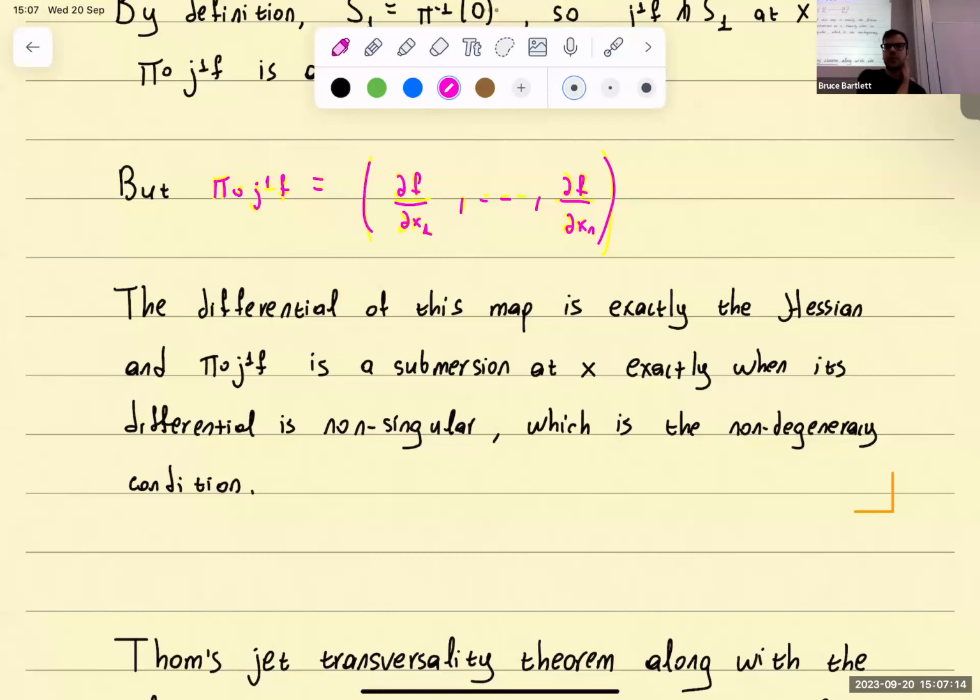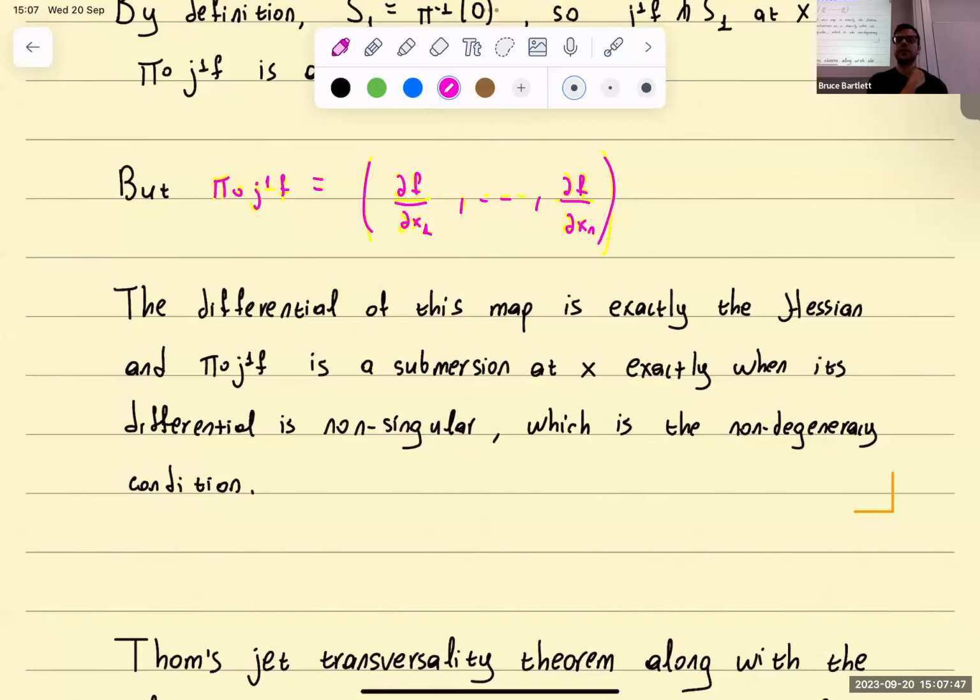Am I wrong here? All I'm saying is, take that map there. For this map to be a submersion, it means that the derivative of this map is a surjective linear map. I would just like to see why that's equivalent to the matrix of second derivatives being invertible. But that's the definition of non-degeneracy.